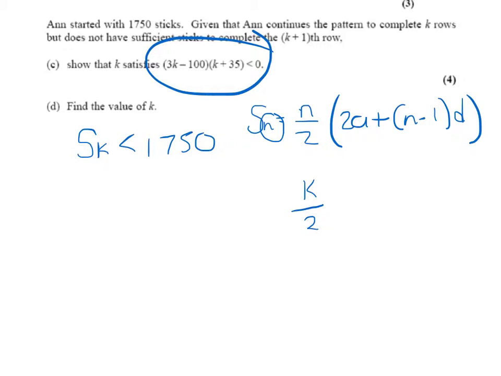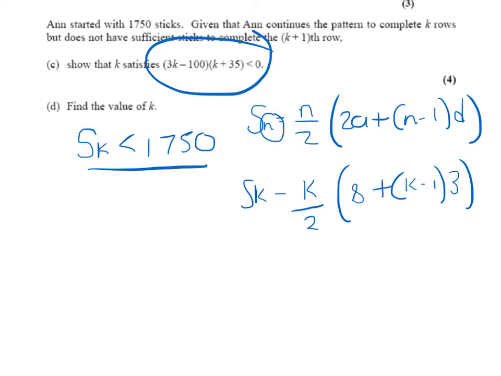We know that the a was 4, so 2a is 8. And then obviously n, put k in again, and we know that the common difference was 3. Okay, and we want all of this to be less than 1,750. So we're actually just going to put less than 1,750 there.